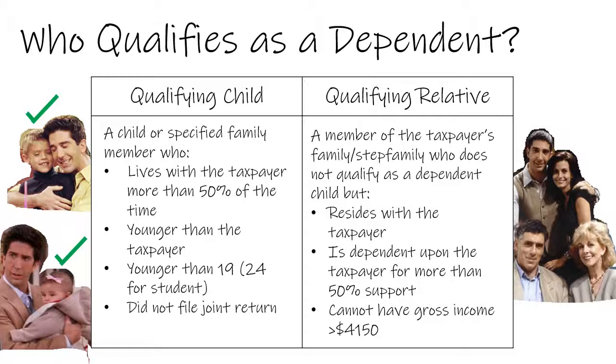Monica was married, so we can assume that Chandler is going to claim care for her if something tragic were to happen. However, if either of Ross's parents were to move in with him, and Ross were to assume primary care of them, and they met the income requirement, he could claim them as a qualifying relative and claim head of household status on his return.